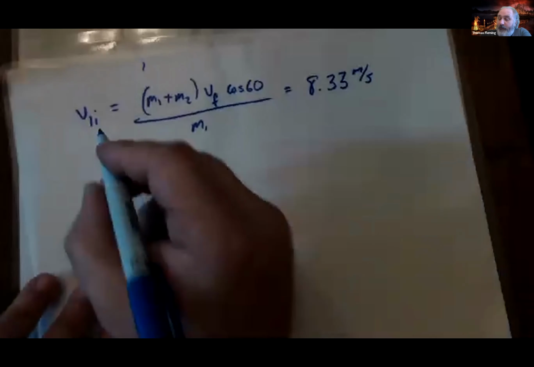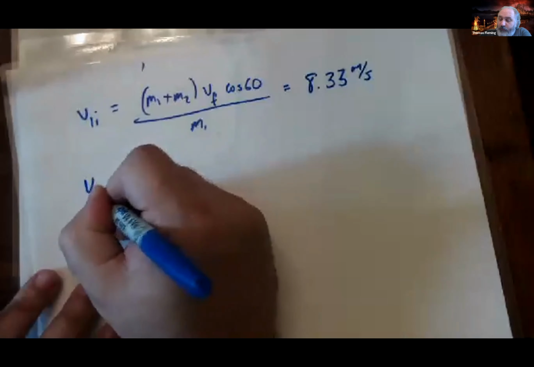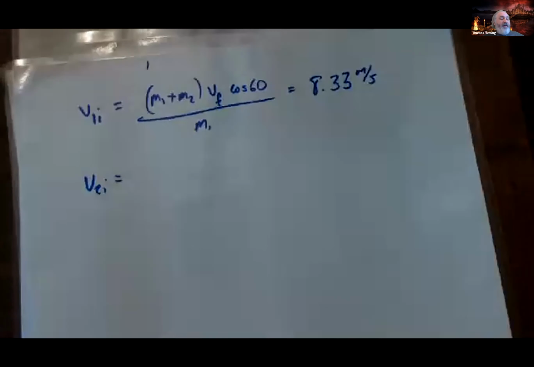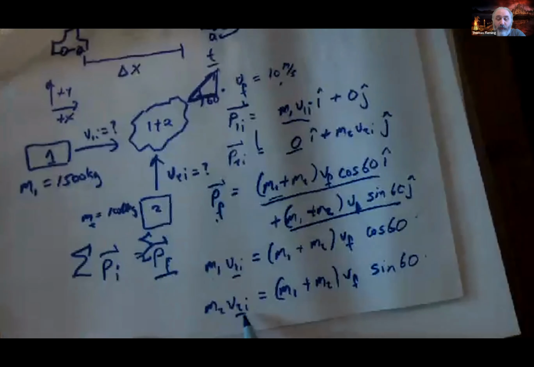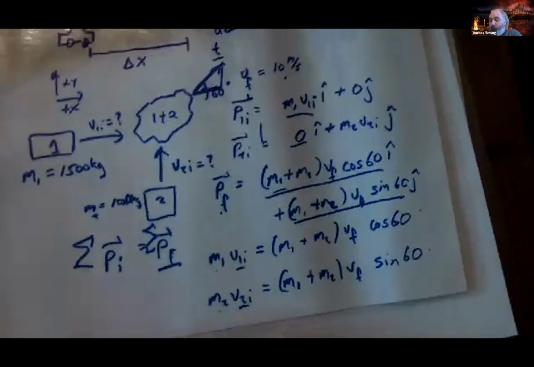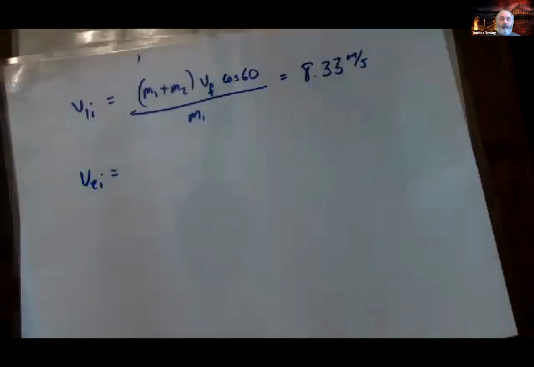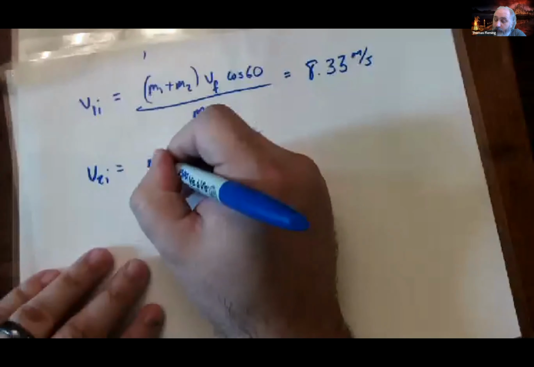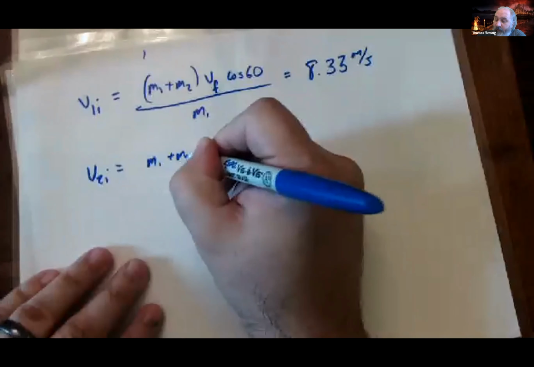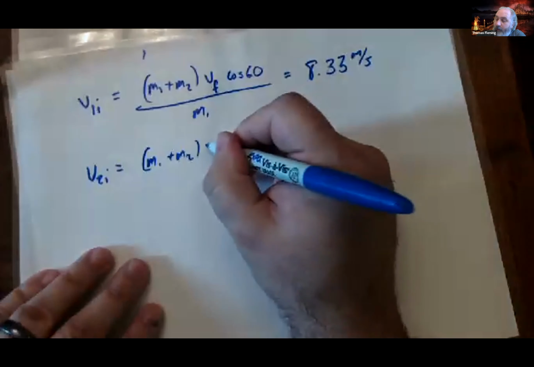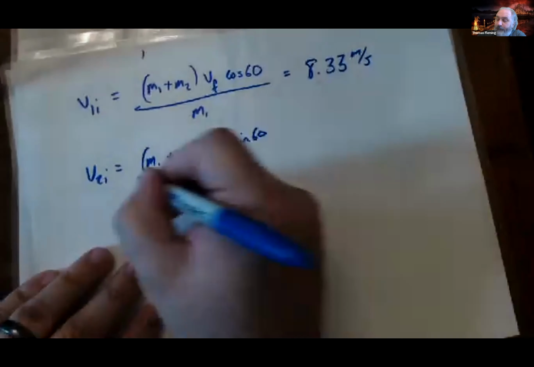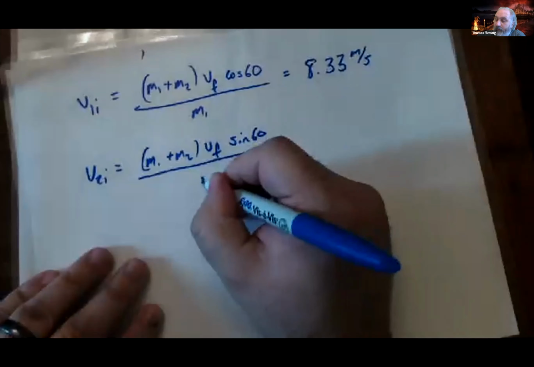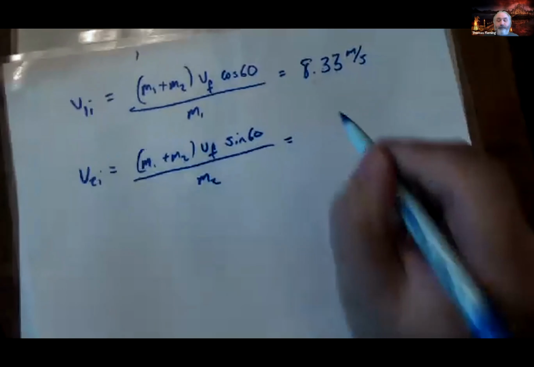Neat. Now, what about V2 initial? Well, I'll get that the exact same way. You'll notice V2 initial is the only thing that appears in here that I don't know. I'll just divide both sides by M2. And so that's going to equal M1 plus M2 times V final times the sine of 60 divided by M2.